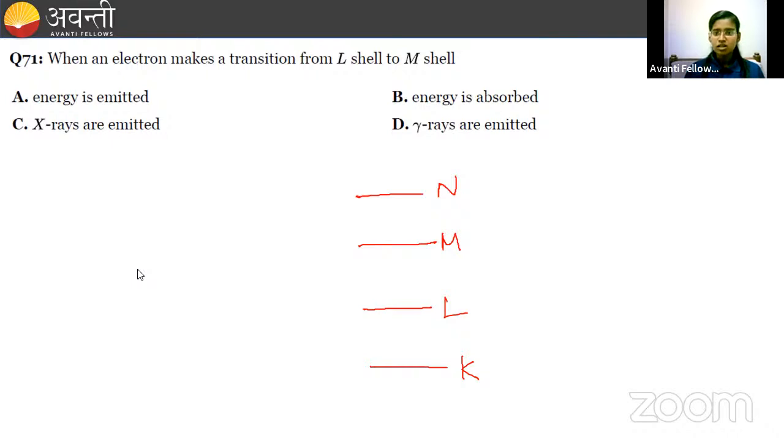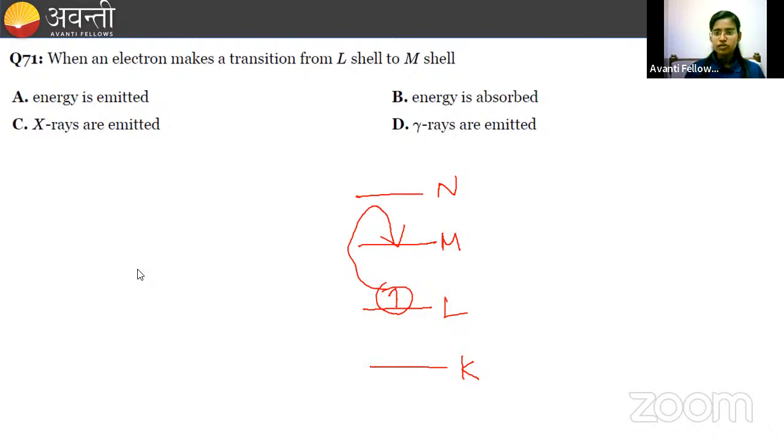So if an electron is present in L shell and it tries to go into the M shell, what happens? This is the lower energy state, and if it has to go from a lower energy state to a higher energy state, it has to absorb some energy. It has to absorb the energy which is required to go into the M shell.